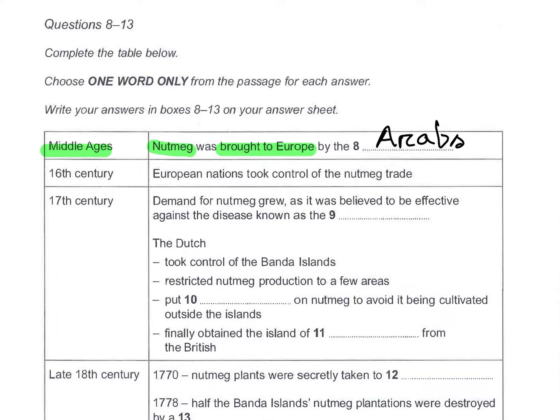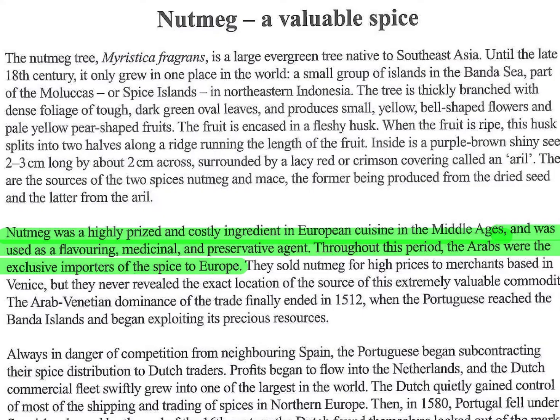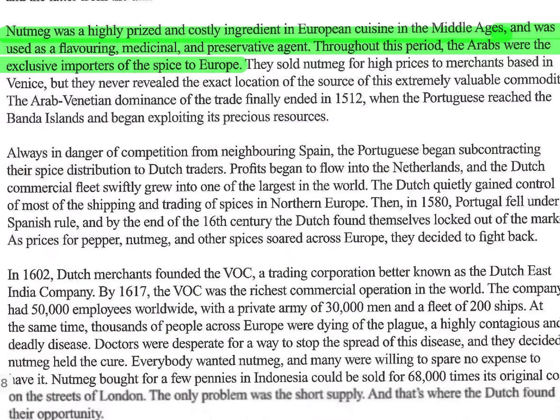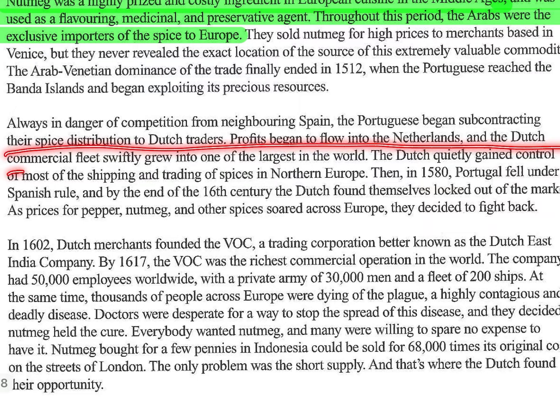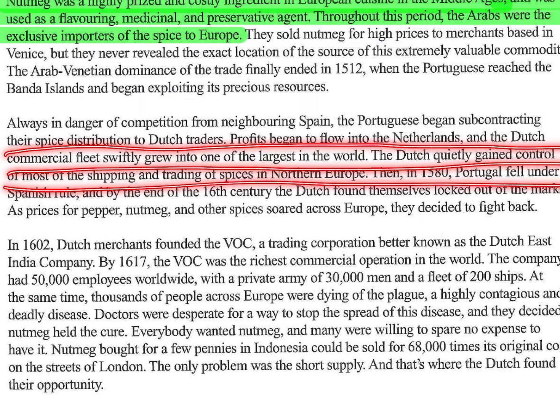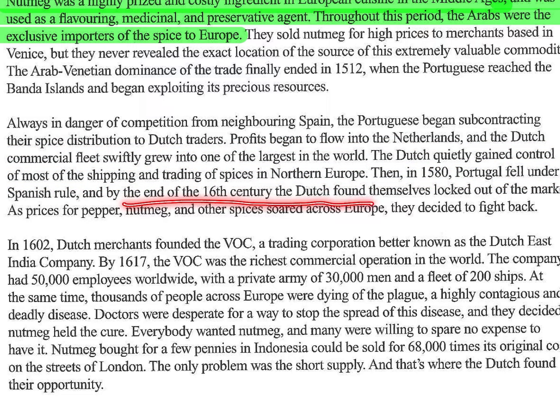Now question number 9. Let's highlight the keywords: 17th century, demand for nutmeg and disease. Let's read the passage. So we got the end of the 16th century.